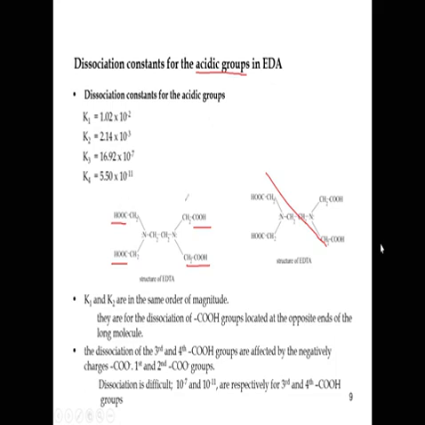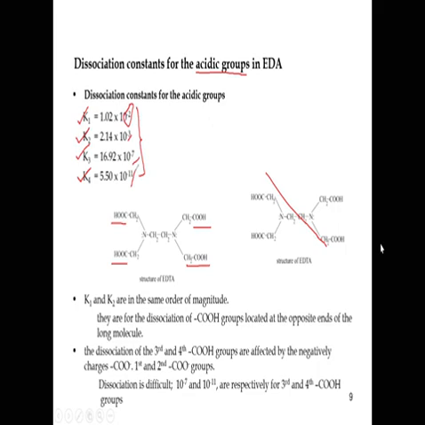Carboxylic groups. This one, right? 4 carboxylic groups here, and they have dissociation constants K1, K2, K3, and K4. By looking at their values, they are 10 to the power minus 2, minus 3, minus 7, minus 11.